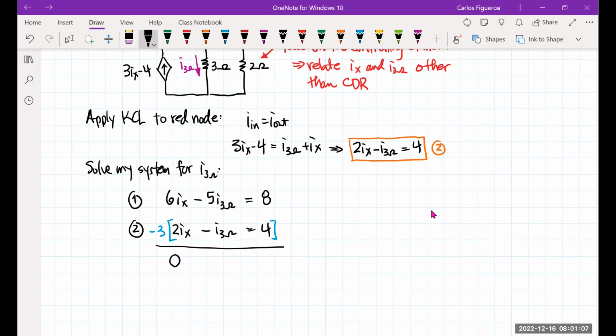Then I get minus 5 plus 3, which gives me minus 2i3 ohm, and then minus 12 plus 8, which gives me minus 4.